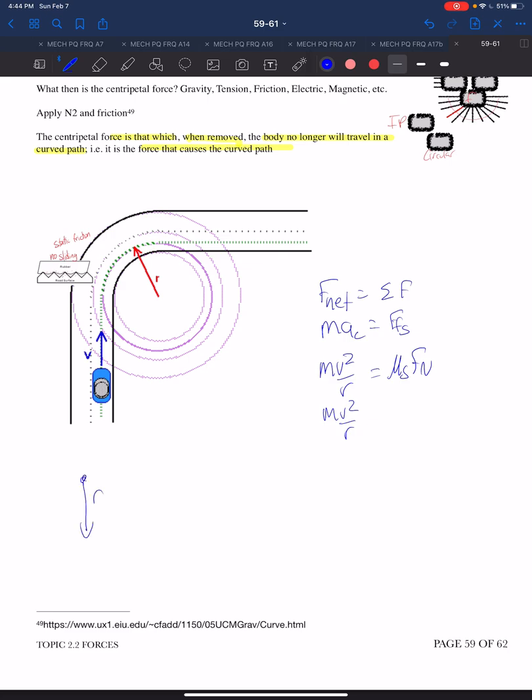We have our car, force of gravity like this, force normal like this, and we have a centripetal force acting this way as it's going around the turn. Force normal and force gravity are equal and opposite to each other. So we have mu s times mg. So when we look at this equation now, we have to ask ourselves, since there is an m on both sides, are they the same m or are they different m's?